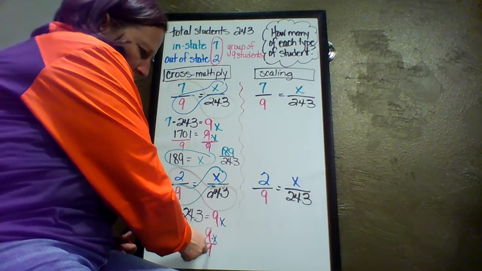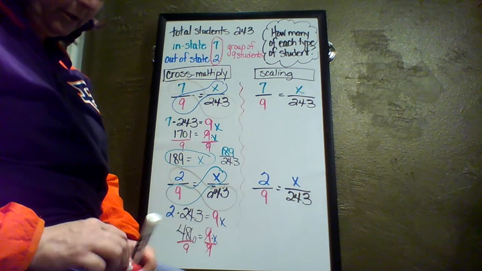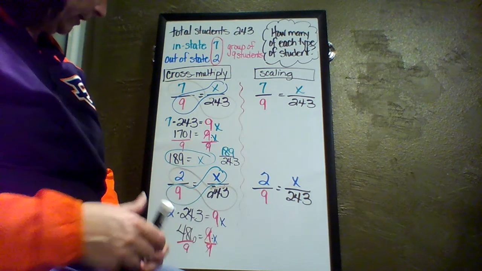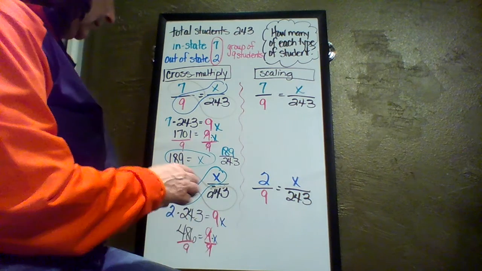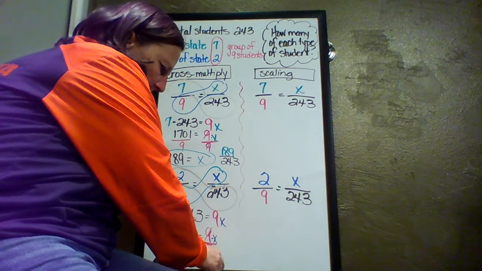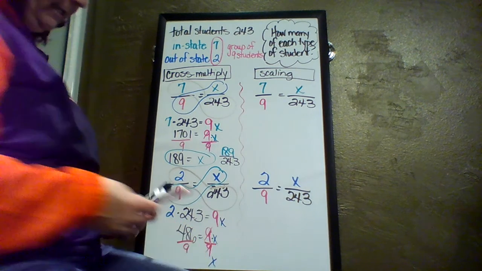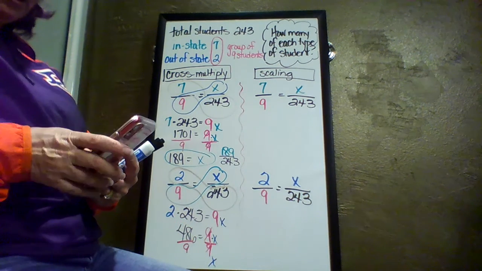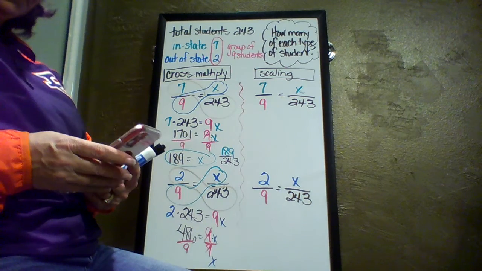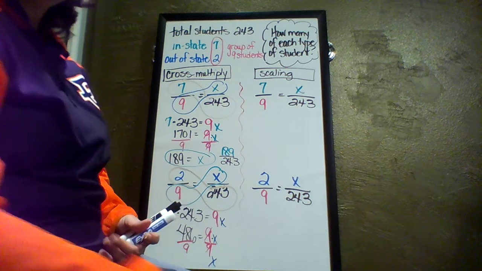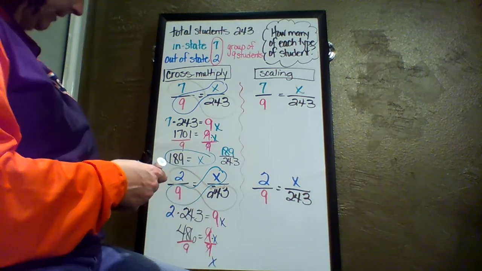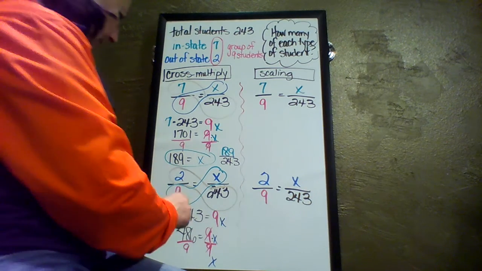Given that a numerator and a denominator that are the same is equal to 1 whole. So I'm left with x on this side, and now I need 486 divided by 9. So I can use my calculator. And 486 divided by 9 is 54.